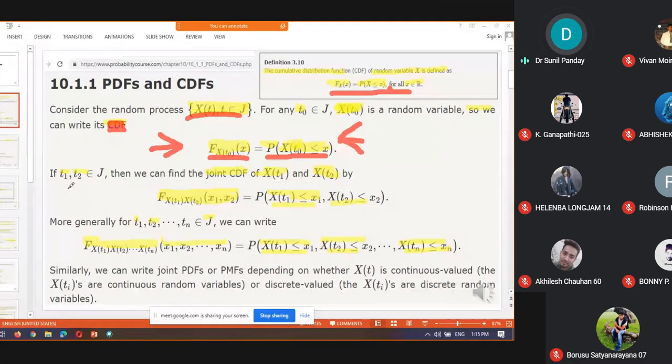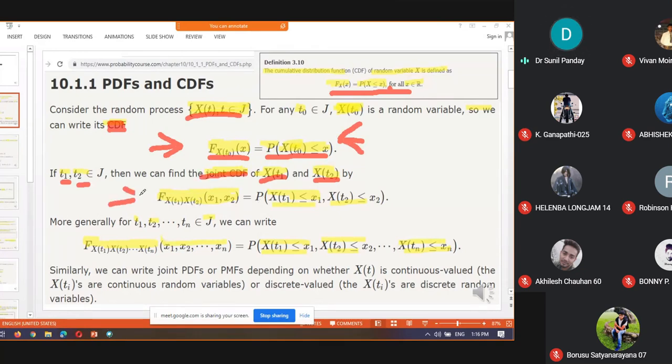Now, if t1 and t2 are two different instants of time, then X(t1) is one random variable and X(t2) is another random variable. If we have more than one random variable, then we have the concept of joint distribution function, joint density function, joint probability mass function. So we define the joint cumulative distribution function.